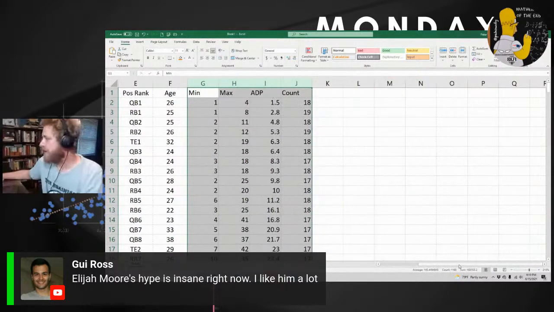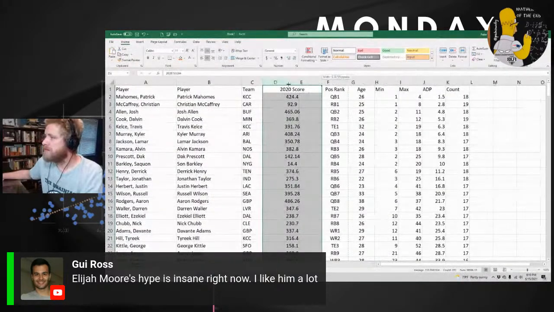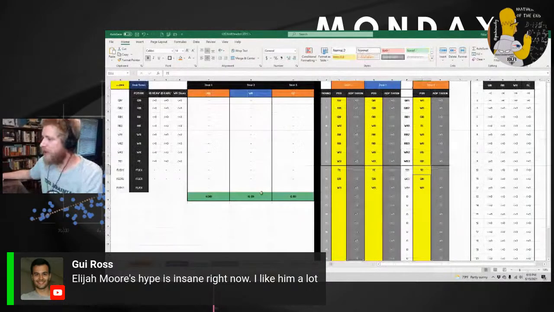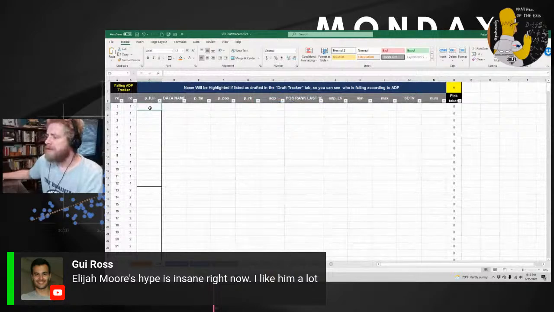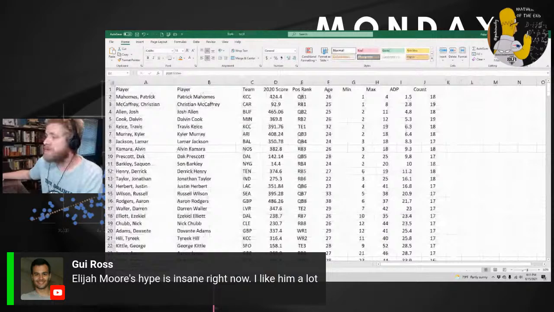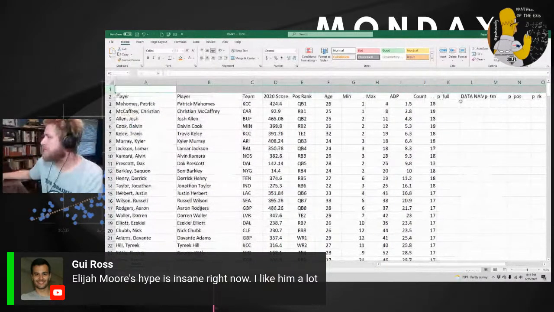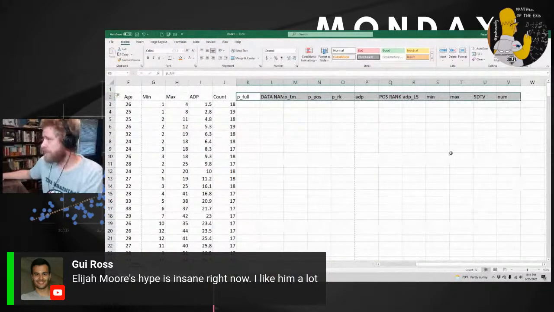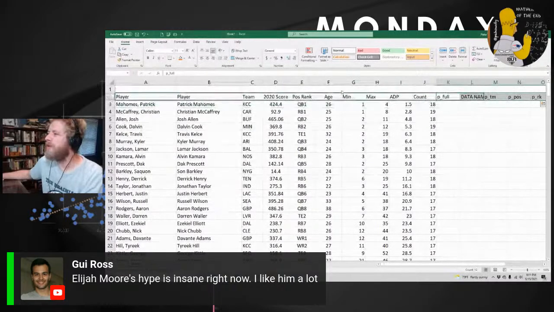All right, so this is all the ADP data we have. How can we merge that into this? We need player name, data name, which I know what to do with. Team, position. Hang on. We're just going to do this. It's an art to merging sheets. People don't even know.